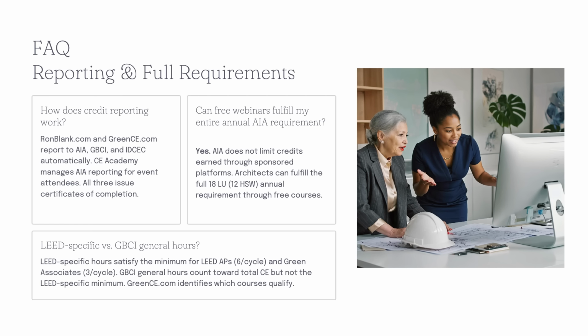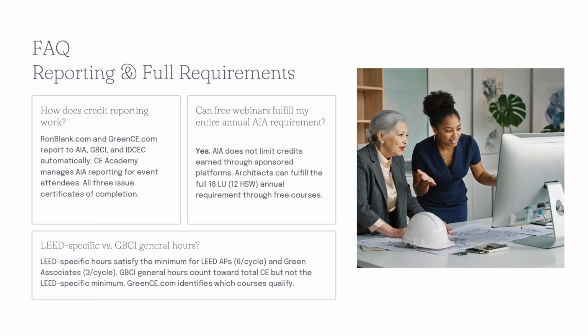Can I use free webinars to satisfy my entire annual AIA CE requirement? Yes. AIA does not limit the number of credits earned through sponsored provider platforms. Architects can fulfill their full 18 LU, 12 HSW annual requirement through free courses, provided courses carry appropriate credit designations.